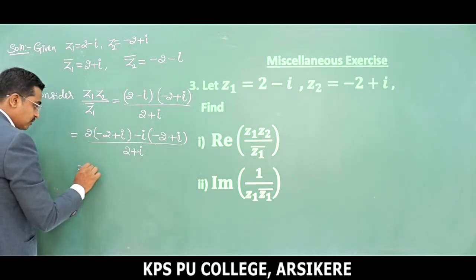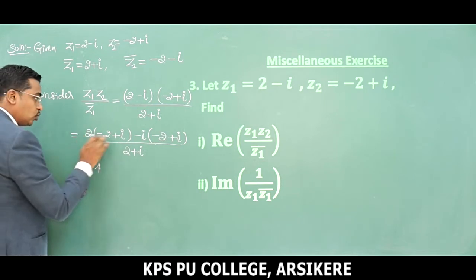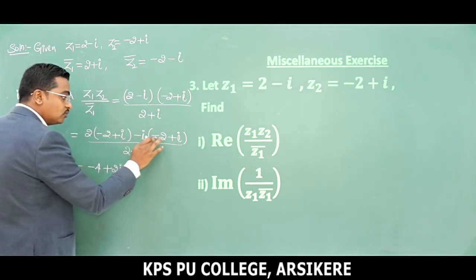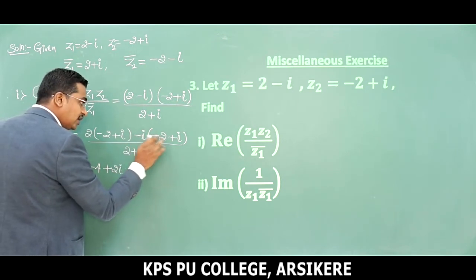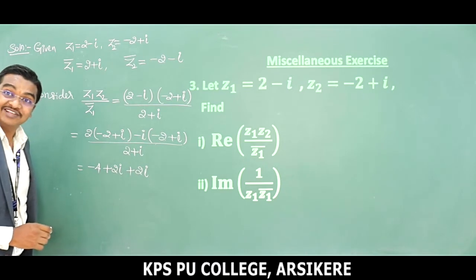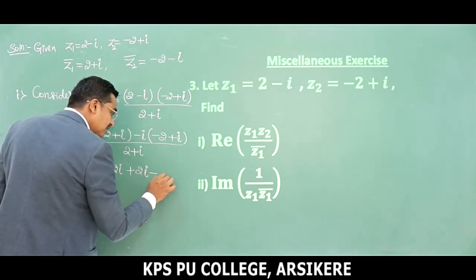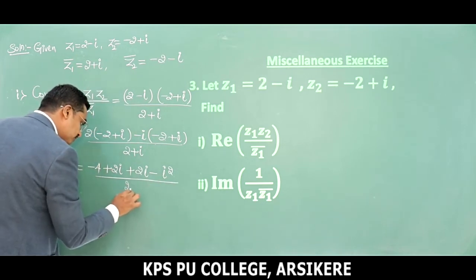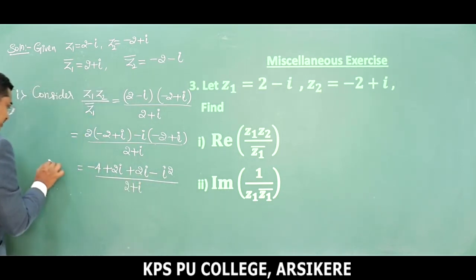2 into minus 2 becomes minus 4. 2 into I is 2I, plus 2I. Minus into minus becomes plus. I into 2 is 2I. Minus into plus is minus. I into I is I square, whole divided by 2 plus I. This is z1 z2 divided by z1 bar.